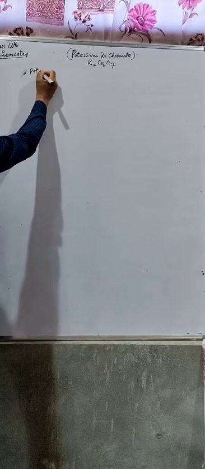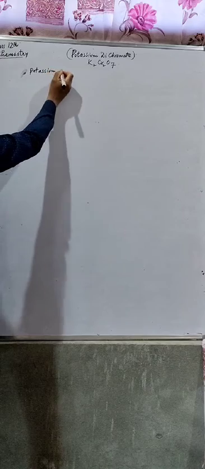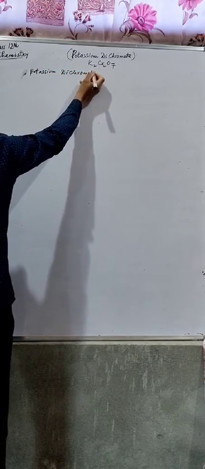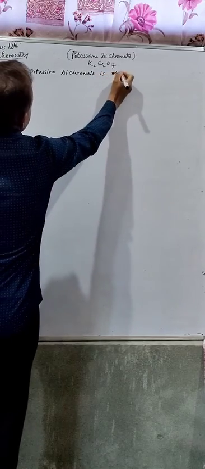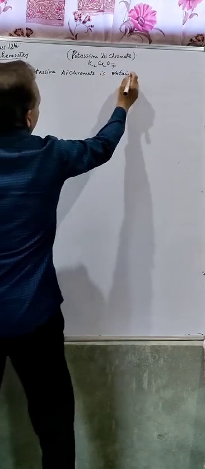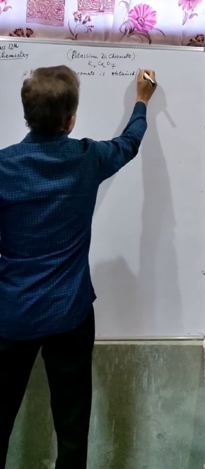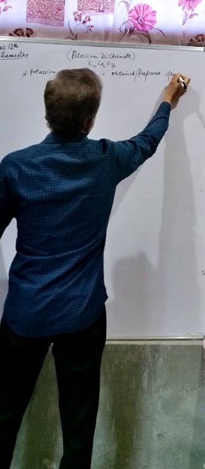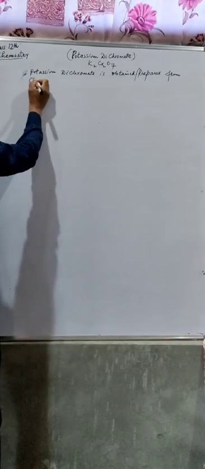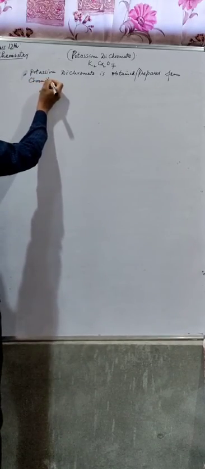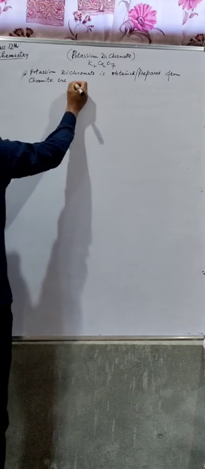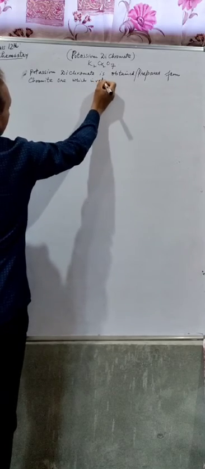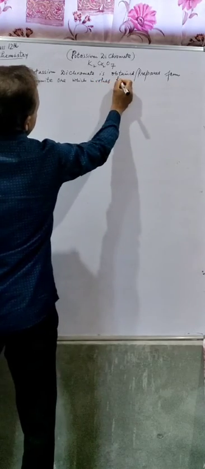Potassium dichromate is obtained from, or prepared from, chromite ore, which involves the following steps.